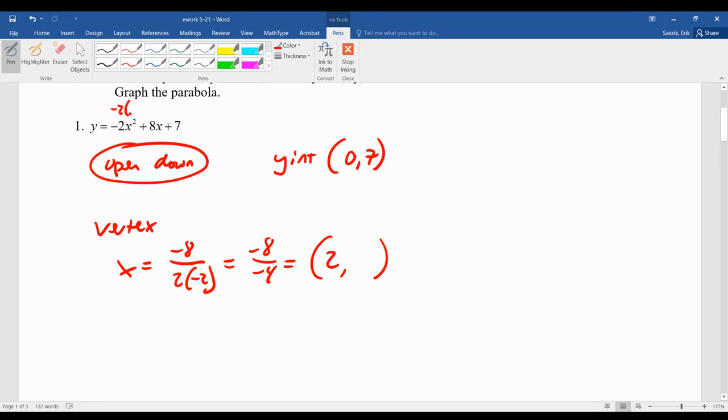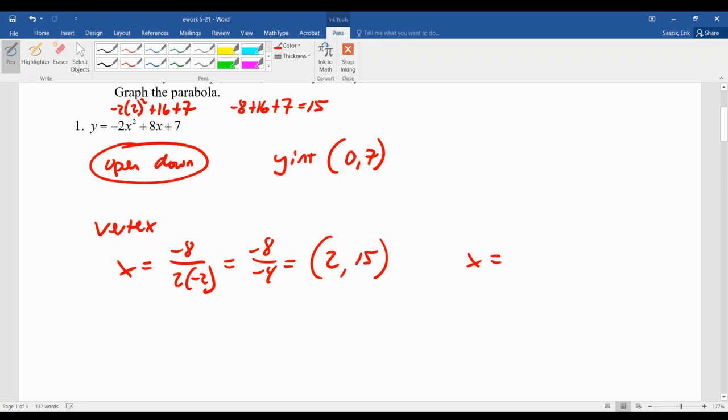If I plug that in here, don't forget, you have to do PEMDAS. 2 squared is 4, and 4 times -2 is -8. So -8 plus 16, that would be +8, and that plus 7 would be 15. So our vertex is (2, 15). So we already have 2 of our critical points.